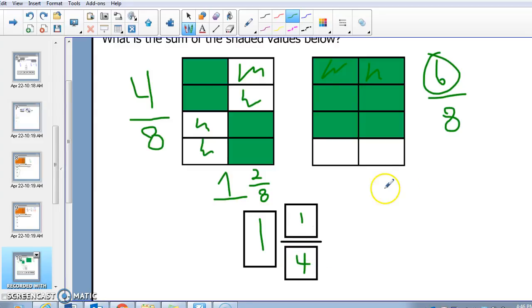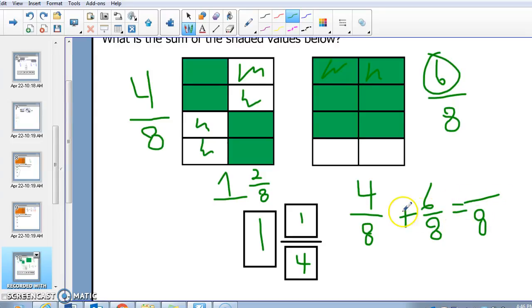Now if we did our trick, we would do 4/8 plus 6/8. Leave our denominator the same. 4 plus 6 is 10.